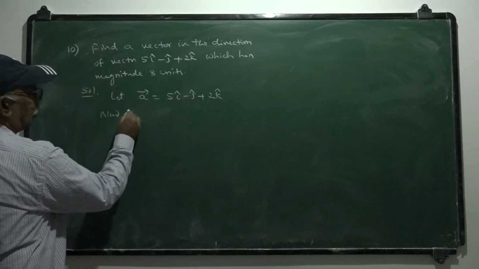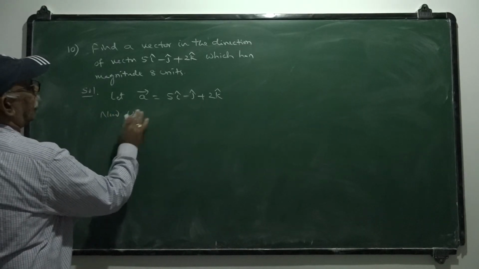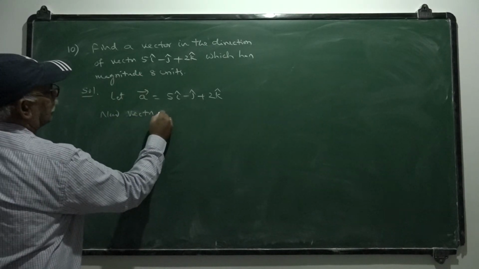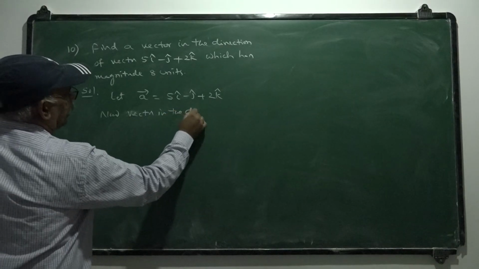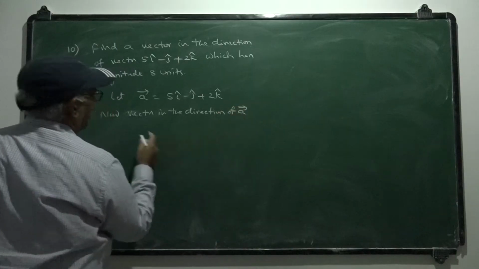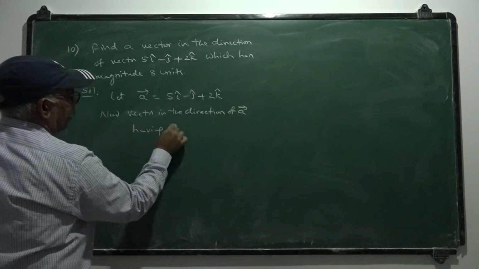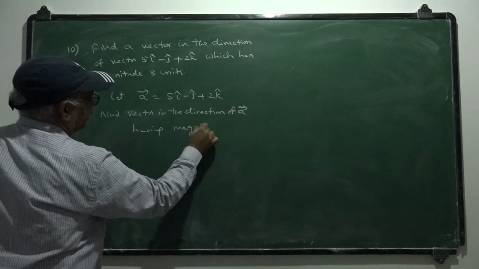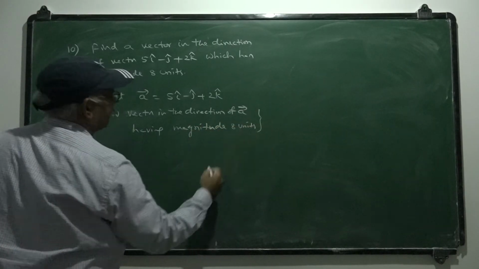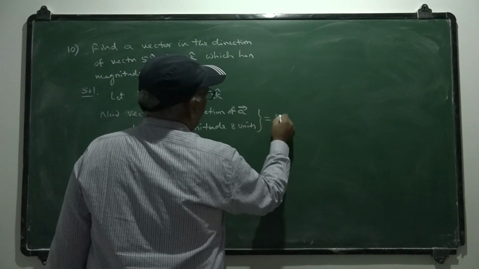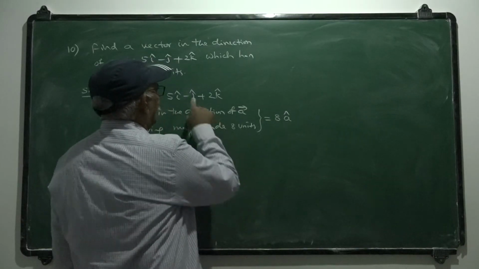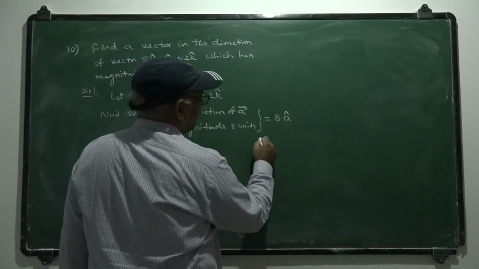Now the vector, not the unit vector, in the direction of A bar having magnitude 8 units is equal to 8 A cap, where A cap is the unit vector along A bar.